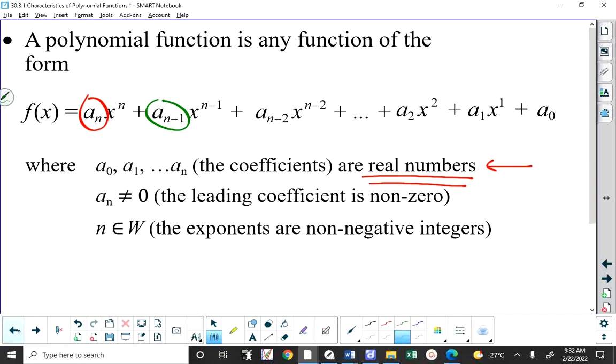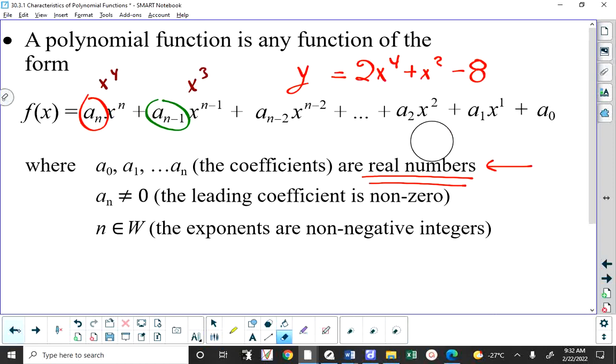One other thing I want to point out to you, I'll switch to y for this, is that this is a polynomial function even though it doesn't have every exponent from 4 down to 0. Polynomial functions could have an x to the 4, an x to the 3, an x to the 2, an x to the 1, an x to the 0, and it could be that it is 0x to the 3, so you don't get x cubed.